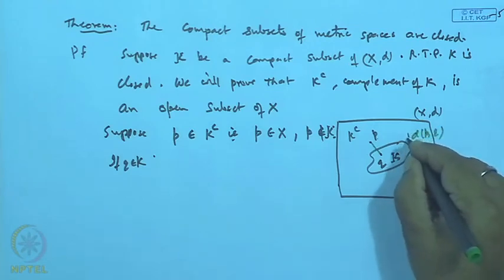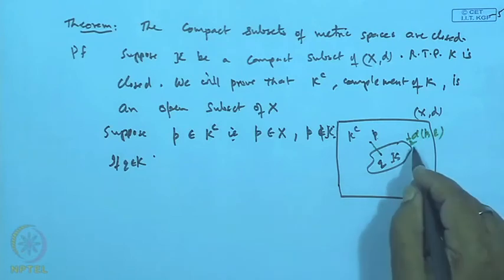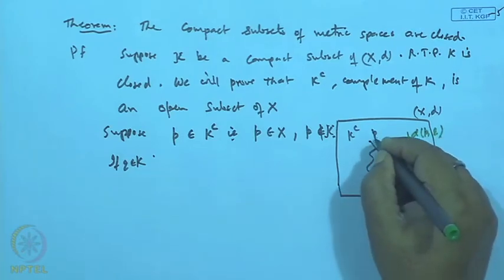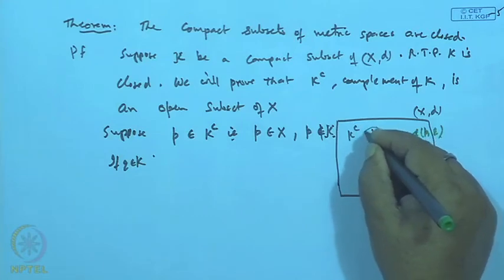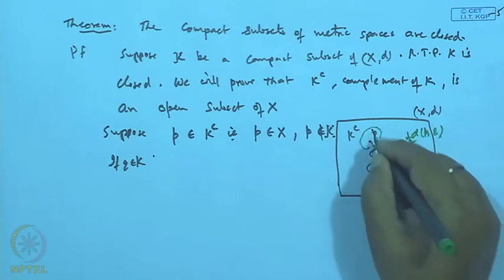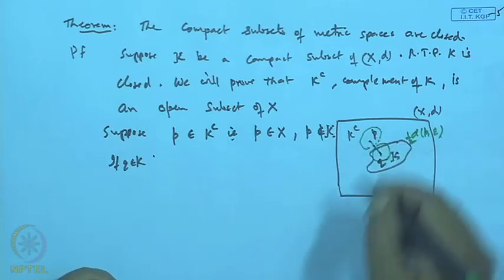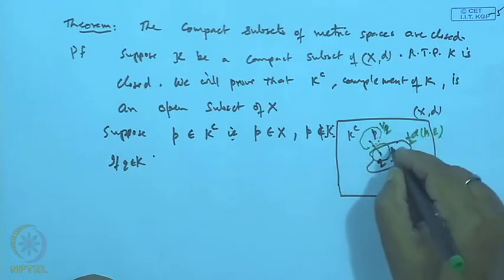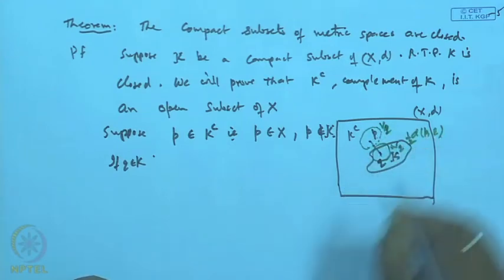If I take a radius less than half of the distance of pq and draw the neighborhoods around these points like this, then these neighborhoods will be disjoint. Let this neighborhood be denoted by V q and this neighborhood we denote by W q.